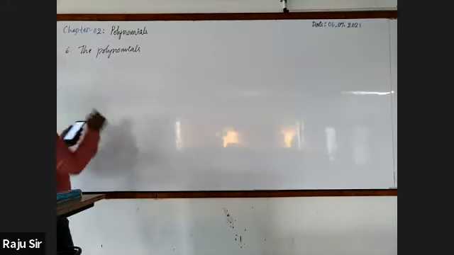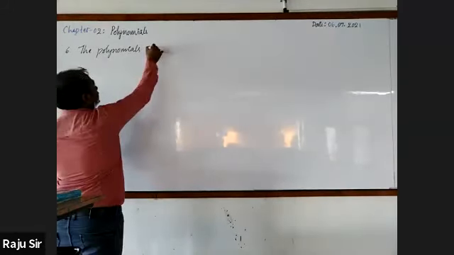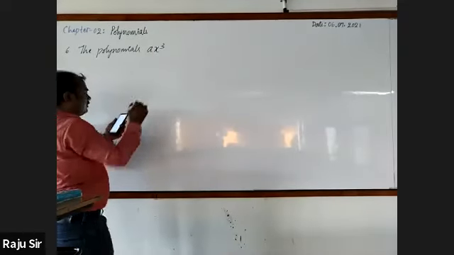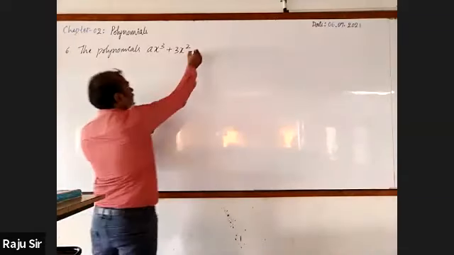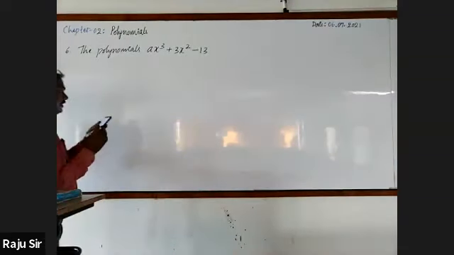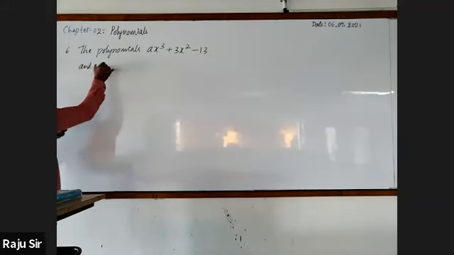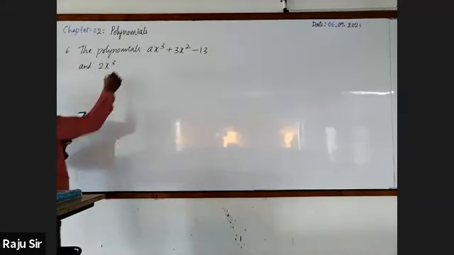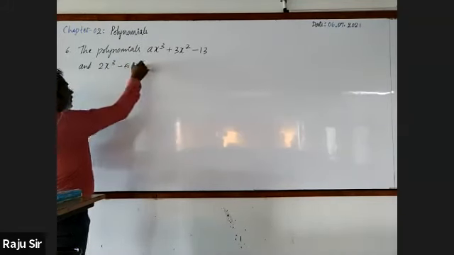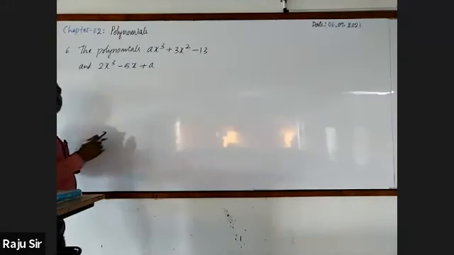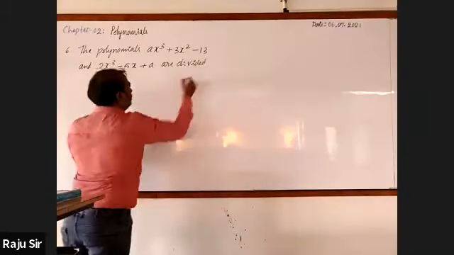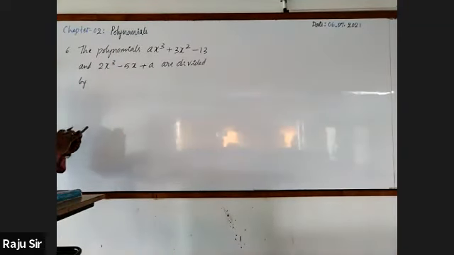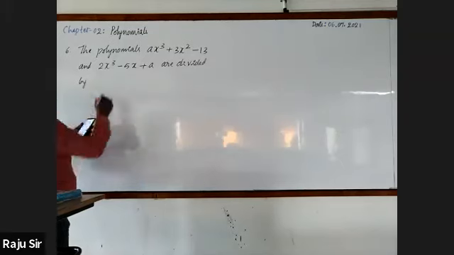Right. The polynomials ax cube plus 3x square minus 13 and 2x cube minus 5x plus a are divided by x minus 2.